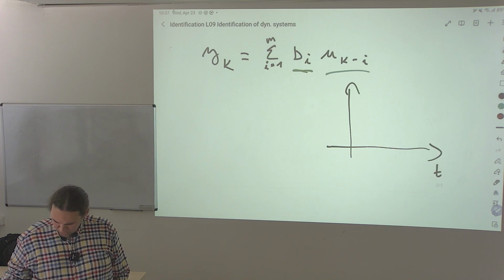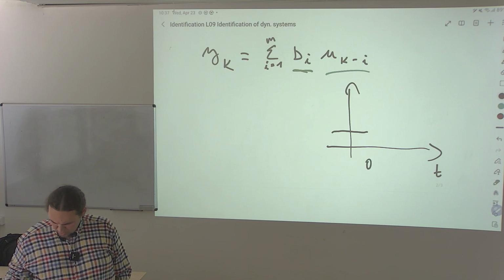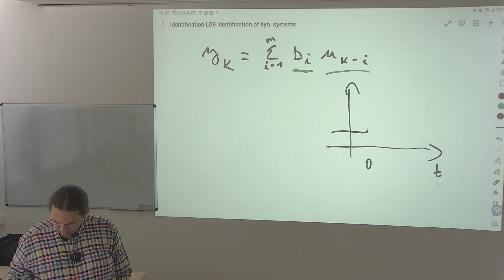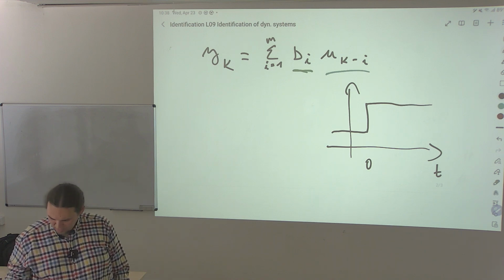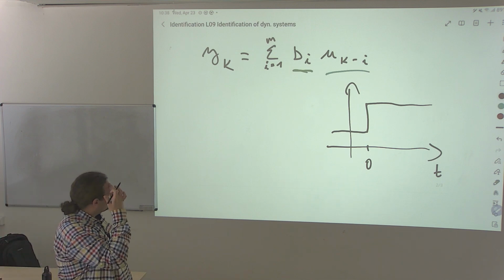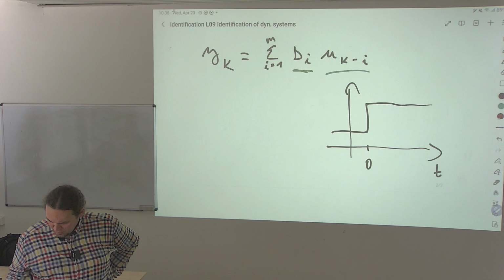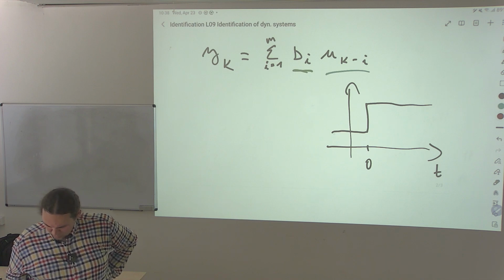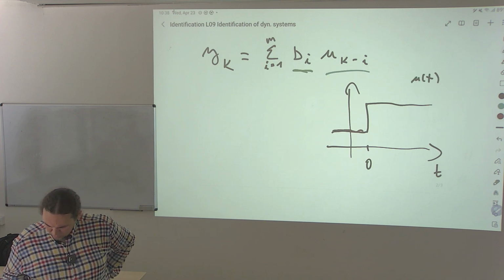So what's our assumption? Let's say at a certain time point, I think we can easily call it 0, we make a step response. How would this look in the output?